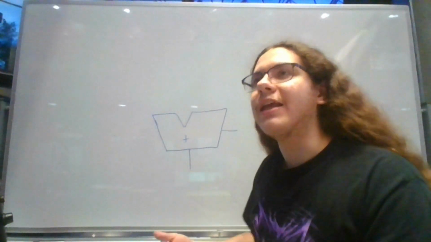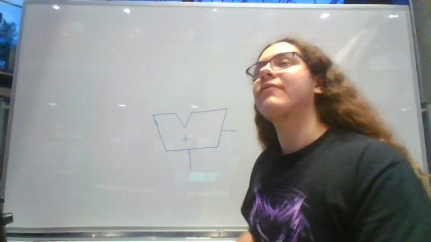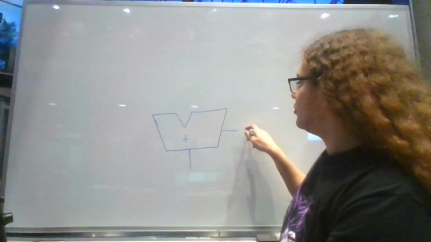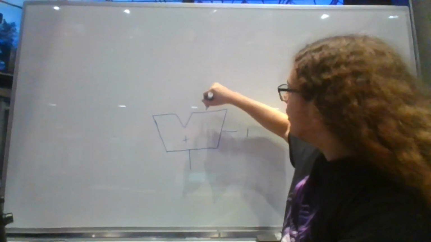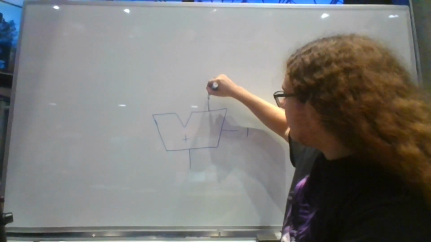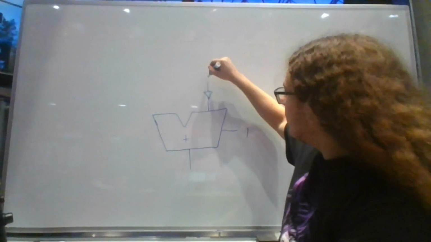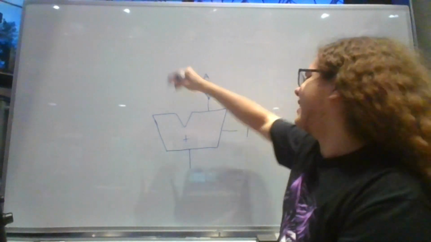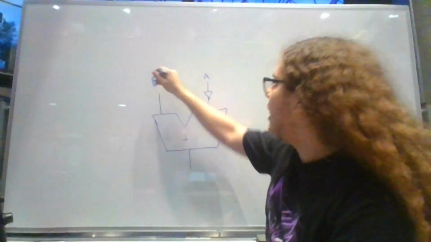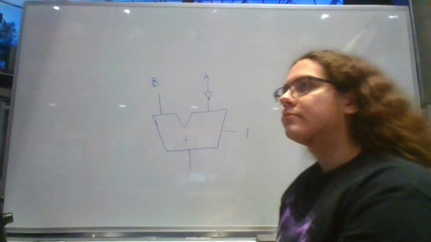So you can carry in a 1 if you're trying to make this a subtractor. So you fix that to 1, if this is just supposed to be a subtractor. And you say, okay, I'm going to invert all my bits of A. And this would be your subtractor.